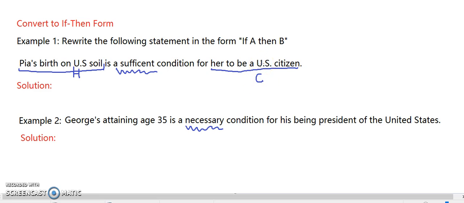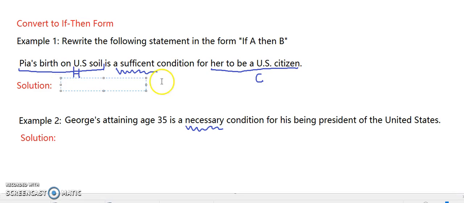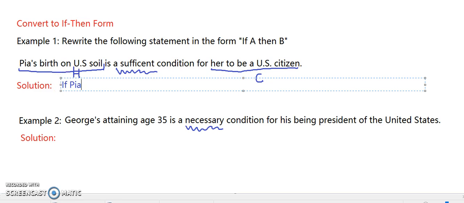So if we write down the equivalent if-then statement, that would be: if Pia was born on U.S. soil, then she is a U.S. citizen.